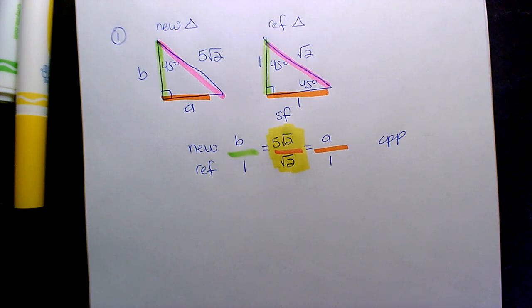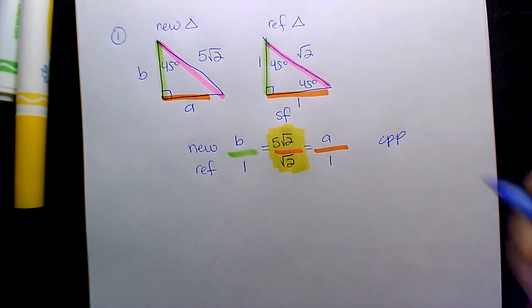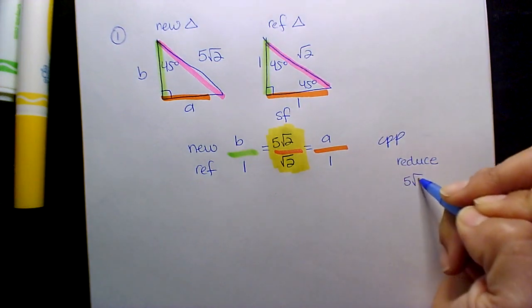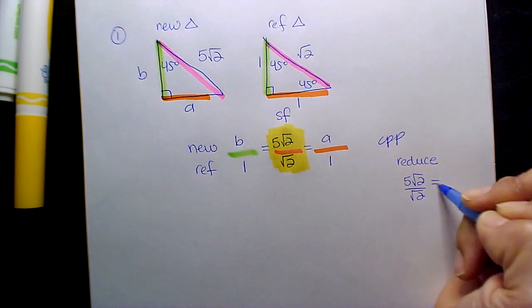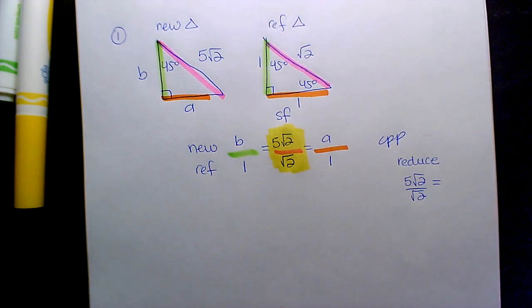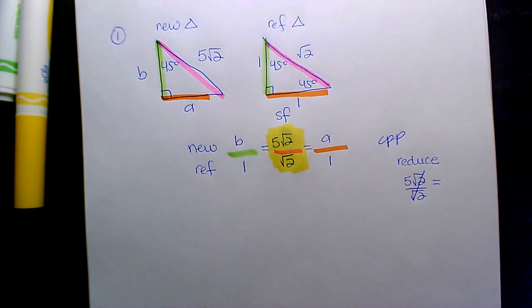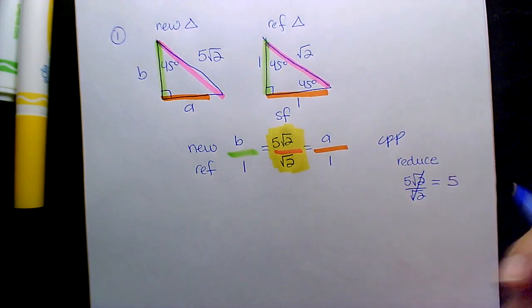Because if you were to reduce 5 rad 2 over rad 2, you know the identity property of division, right? Everything divided by itself is 1. 4 divided by 4 is 1. 5 divided by 5 is 1. What's rad 2 divided by rad 2? It's just 1, and so reducing would give me 5.